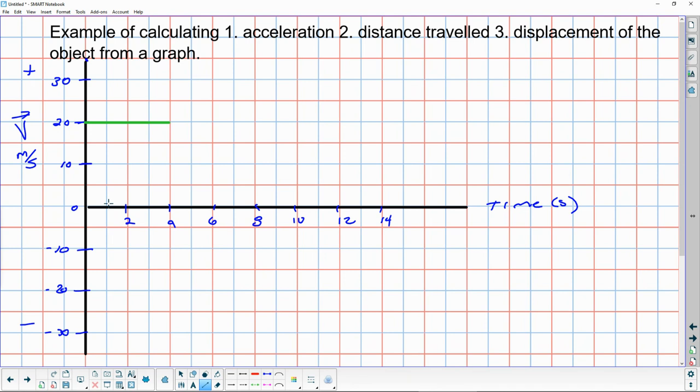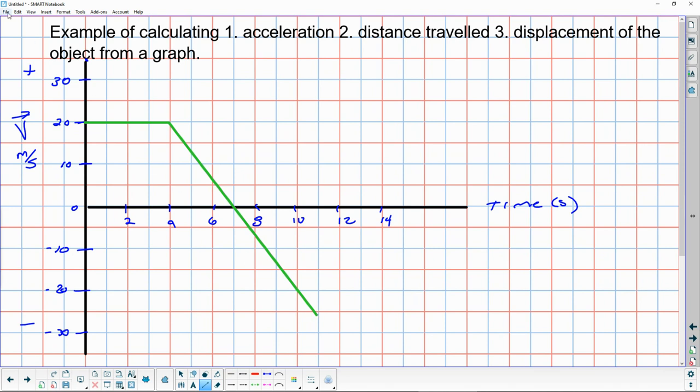Then we're going to go backwards and start slowing down, decelerate. We're going to decelerate all the way down so that this crosses the axis and goes down to negative 25 at 11 seconds, and it crosses the axis at 7.